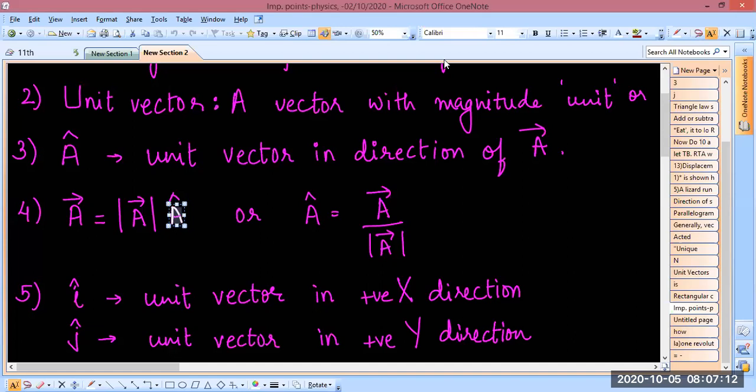The unit vector indicates the direction. That's what we studied.